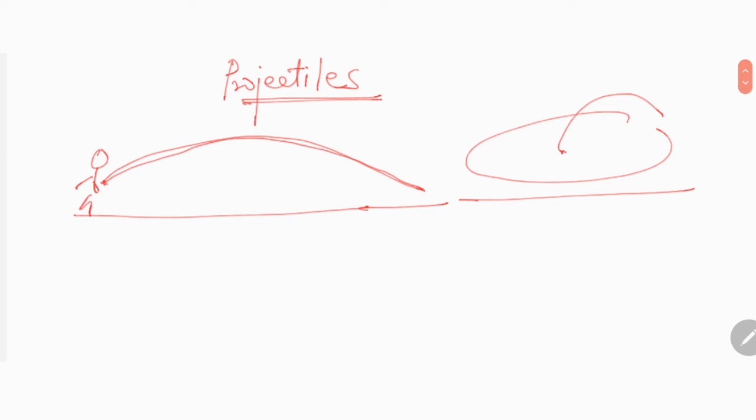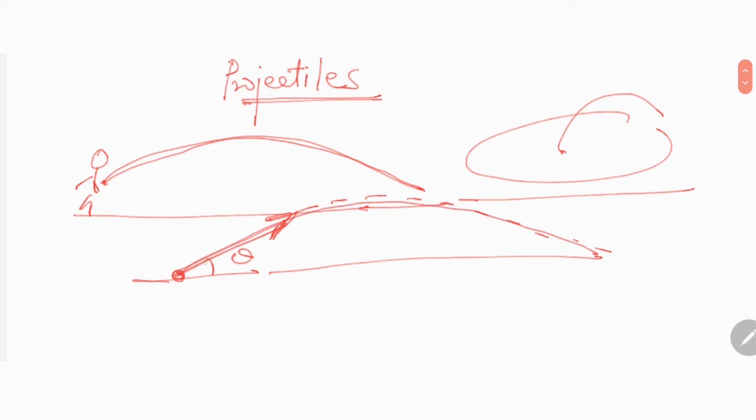So a projectile is any object which is thrown at an angle of theta from the ground, and the path it will take to reach back to the surface, this curve is called the projectile of the body.